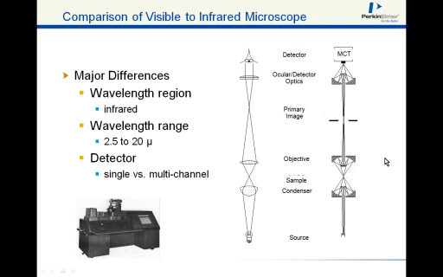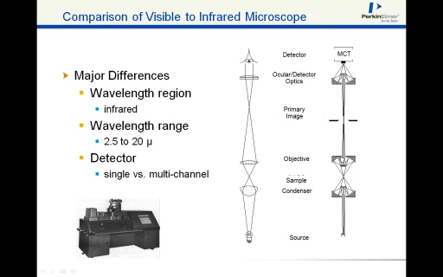To get around that, all the manufacturers use what are called Cassegrain or Schwarzschild objectives. They're basically a big primary mirror and a secondary mirror, which pass light from the source, which in this case would be the infrared FTIR, up to the lower condenser to the sample.